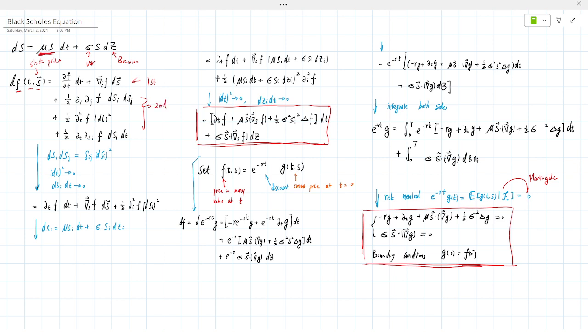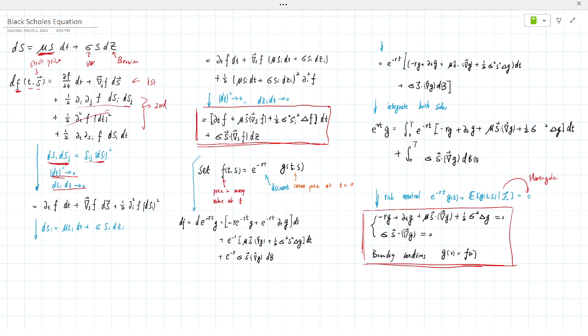And as we know from the quadratic variation and the bracket operation, dt squared equals 0, ds dt is 0, and this is not 0 when i equals j in this term.